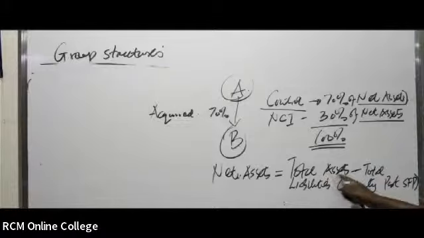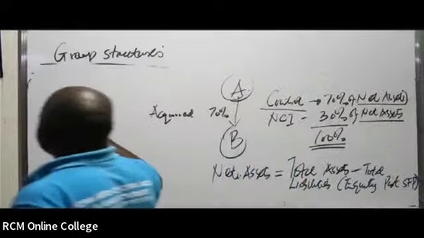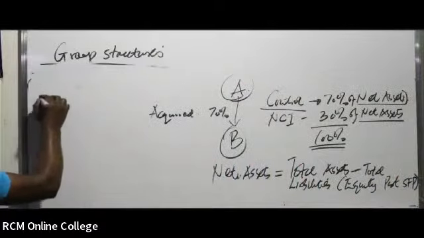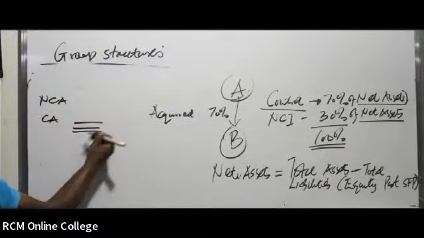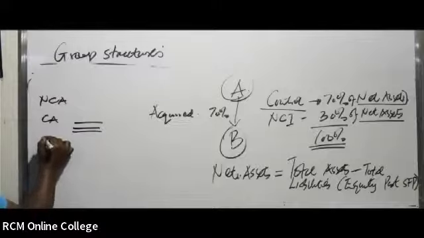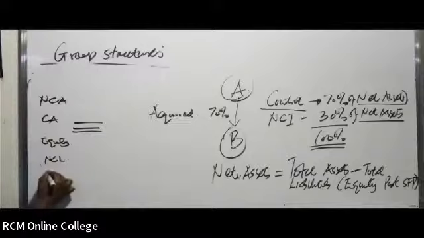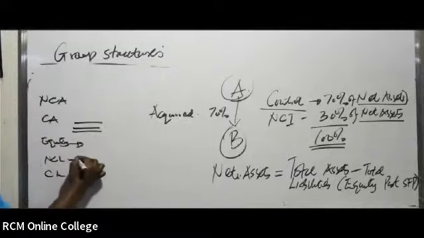So you talk about total assets minus total liabilities. Because how do we present the balance sheet? We say non-current assets, then current assets, we close. Then we end up saying equity, then non-current liabilities, then current liabilities. Then we close. So they should balance.